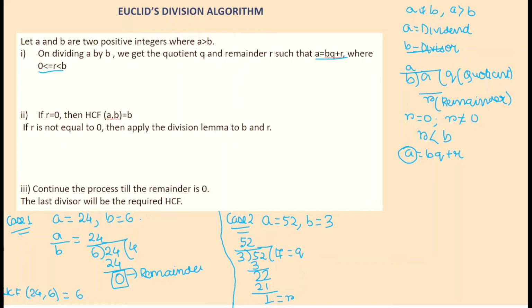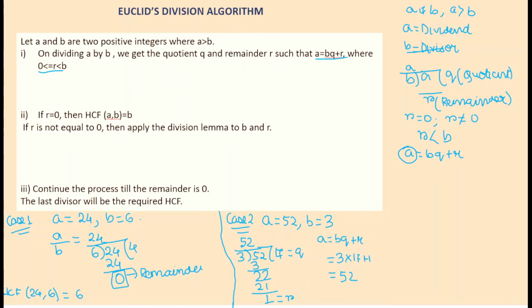If I apply Euclid's division lemma, BQ plus R, the B value is 3, the quotient value is 17, plus 1, it will give me 52. Now you have to make the remainder 0. You will stop the process only when the remainder comes out to be 0. Since the remainder does not come out to be 0, we will repeat the step.